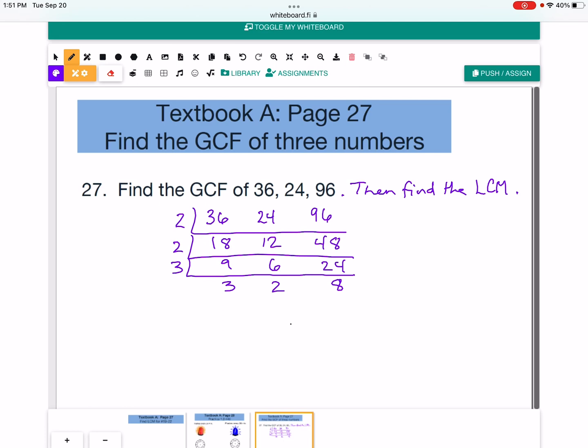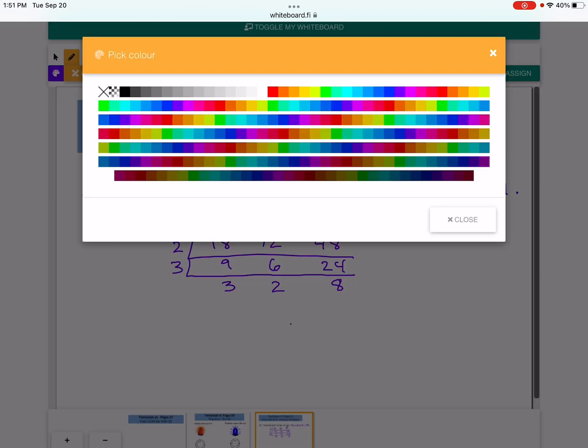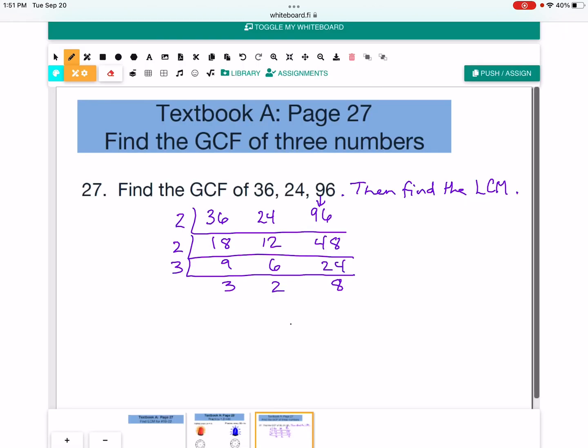All right. Now, if the 96 column were absent, I would be completely done. For all three numbers, the greatest common factor is, of course, going to be found on the left. We've talked about this many times.